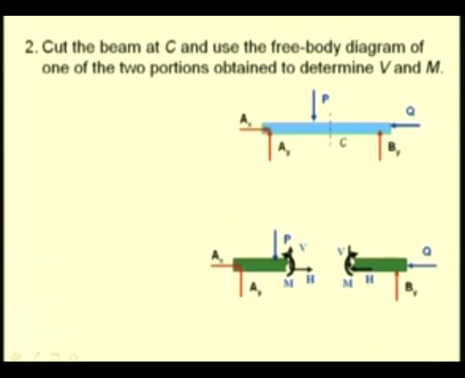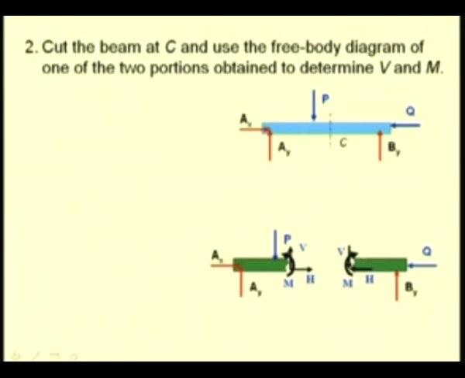Here you see the free body diagram of the portion AC, and at section C we have the resultant of the internal forces having components V, which is the shear force transverse to the axis of the beam, H, the axial force along the axis of the beam, and the moment M, which is the bending moment.